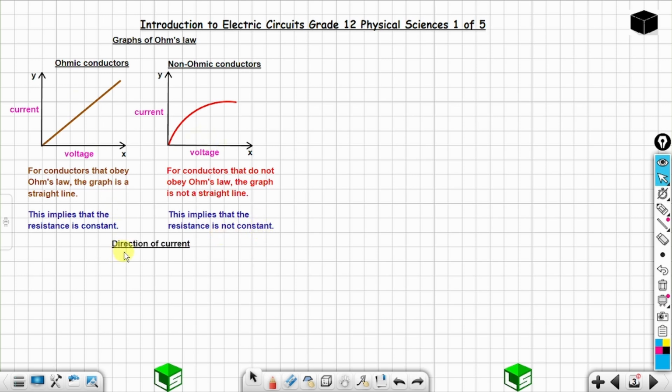Now, let's look at the direction of current. We have what we call conventional current flow and electron flow.